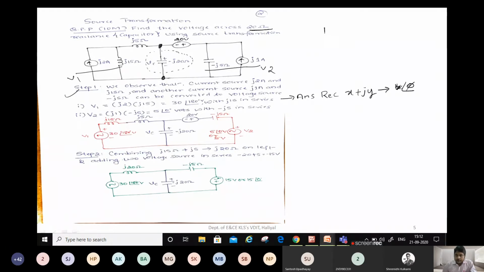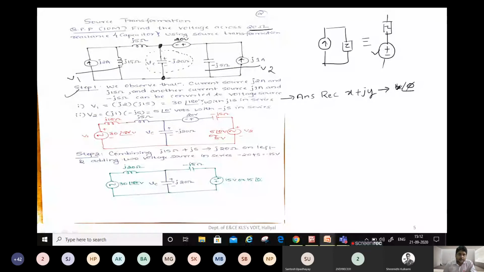If you find any current source in parallel with any impedance, it can be converted into a voltage source with that impedance in series. I will call this impedance Z. How to convert this?